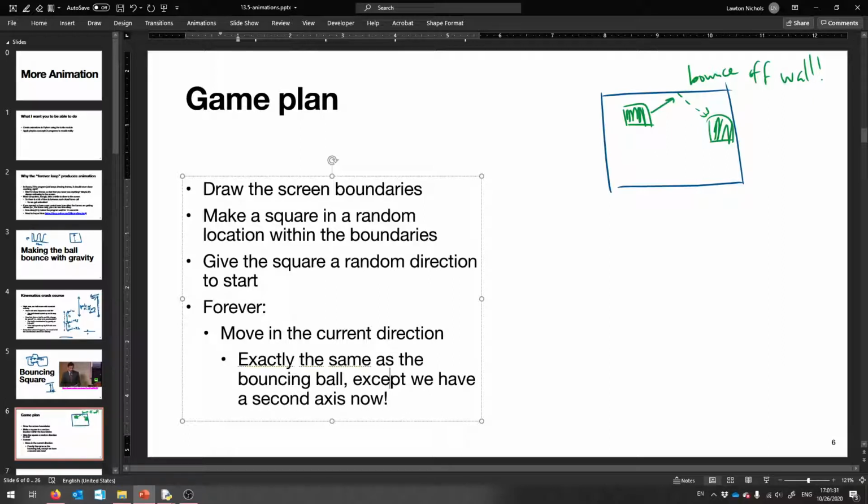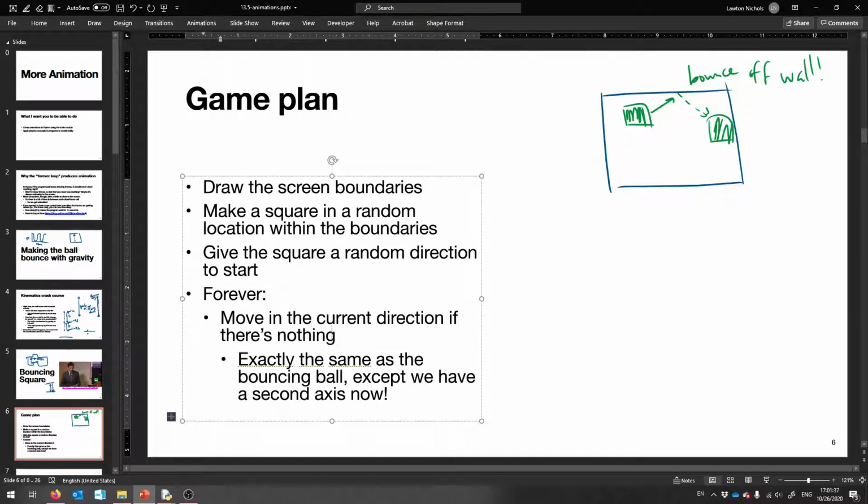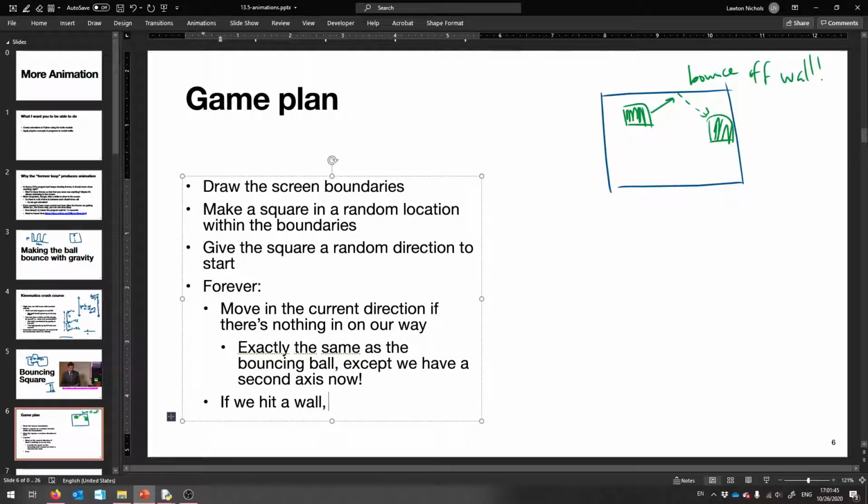So move in the current direction unless we hit a wall. If we hit a wall, we need to bounce, and we need to bounce in a certain way.